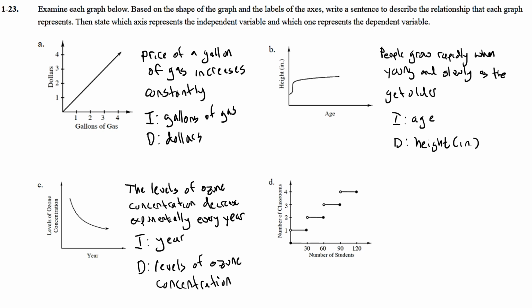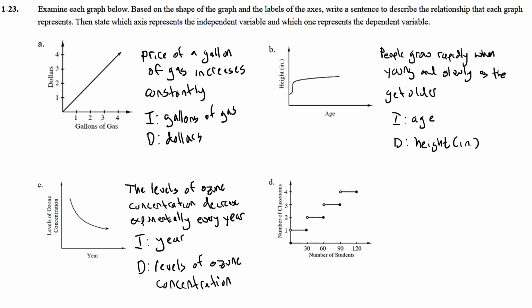Okay, so D, number of students and number of classrooms. So it looks like every classroom, you see how it's a step graph, and so from 0 to 1, 30, 0 to 1 to 2, 60. So it seems like only 30 kids can fit in a classroom.